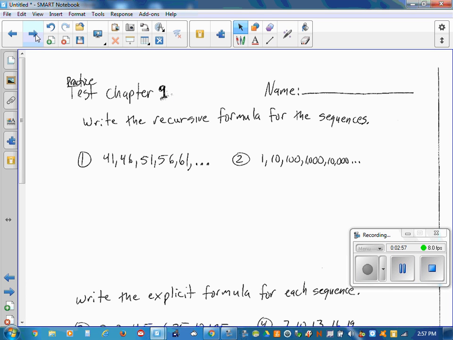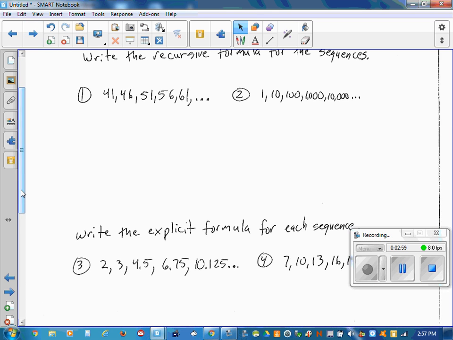Okay, problem number 1. We're supposed to write the recursive formula in 1 and 2. So the first thing you do is you have to tell the whole world the first term. Well, the first term is 41 here. The first term here is 1. So you have to tell the whole world the first term.